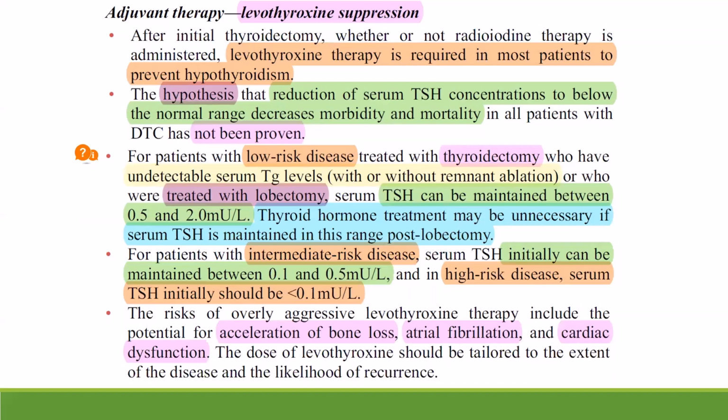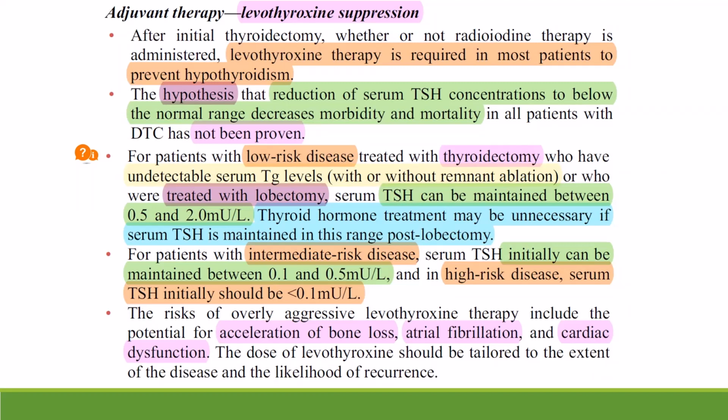For a patient with intermediate risk disease, the serum TSH target needs to be 0.1 to 0.5, mildly lower than normal. But in the high risk disease, serum TSH should be less than 0.1.